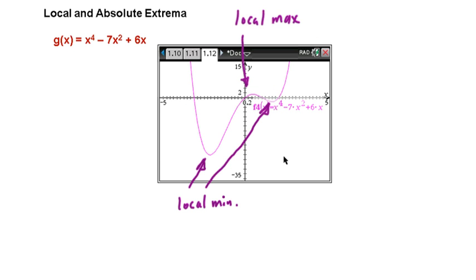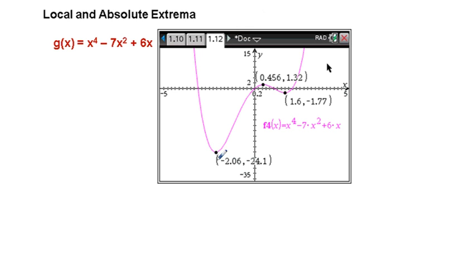And then the next sketch will actually show what these are using the graphing calculator. We see that our local minimums are negative 24.1 at x equals negative 2.06 and negative 1.77 at x equals 1.6. And our relative maximum here is 1.32 where x equals 0.456.